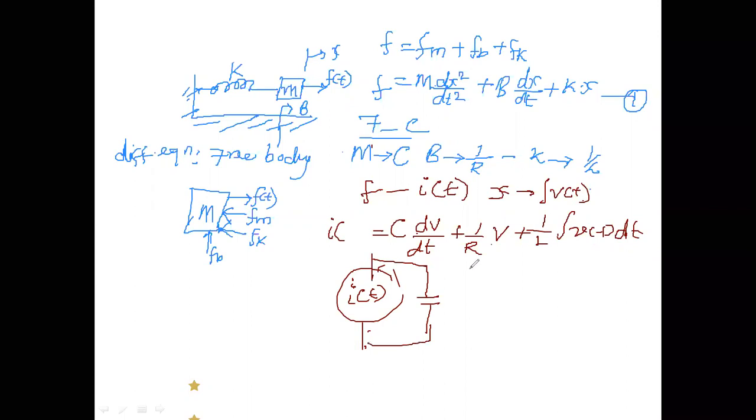The next element is your inductance L, and the final element is your resistance R. While drawing this diagram, please draw it neatly. So this is the force-current analogous circuit. I hope you have got some idea about it, right? Thank you.